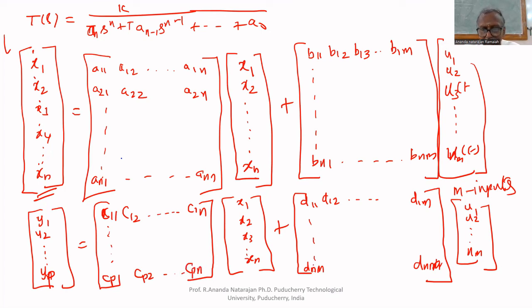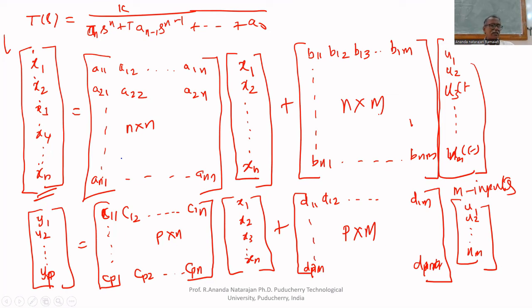Here d1, dpm. What is the dimension of the C matrix? Number of rows equal to P by N. What is the dimension of the D matrix? P by M. What is the dimension of the state variable matrix? N by 1. What is the dimension of the B matrix? N by M.